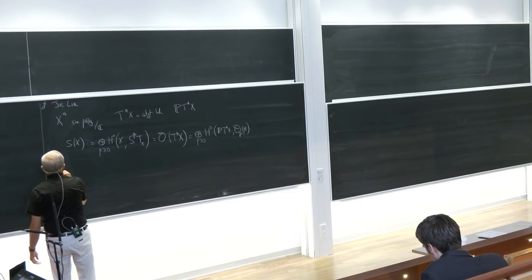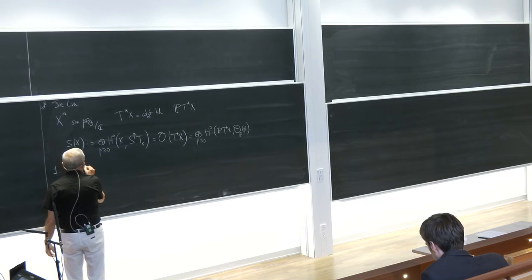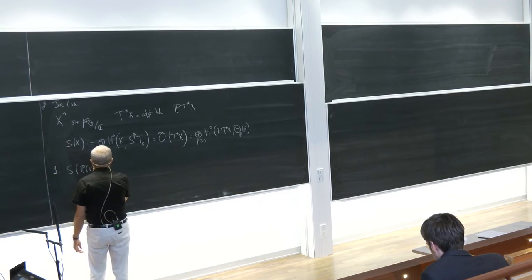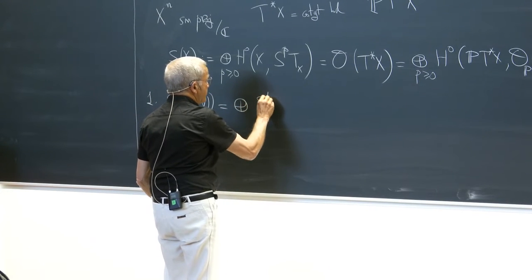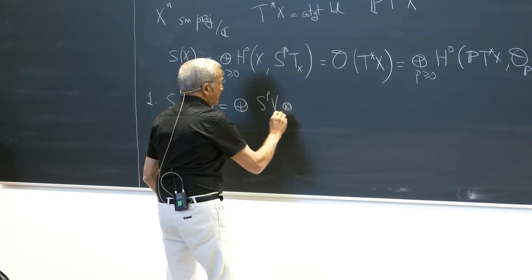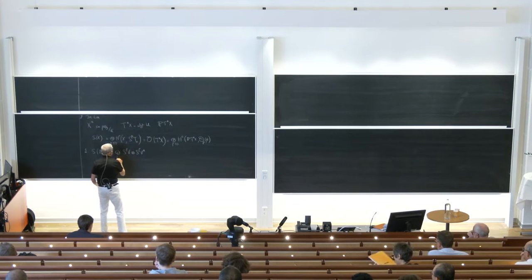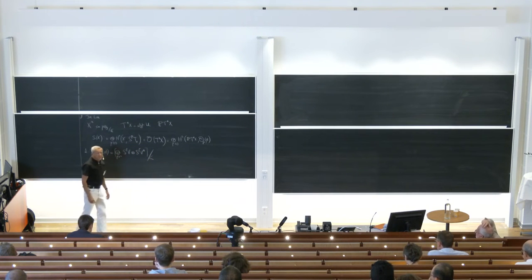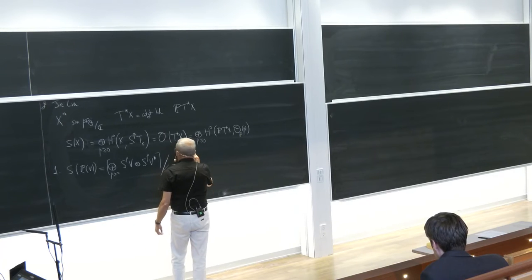So, what is S of P of V? Well, here is the answer. This is the symmetric algebra of V star modulo the ideal generated by one element, which I call I. What is I?